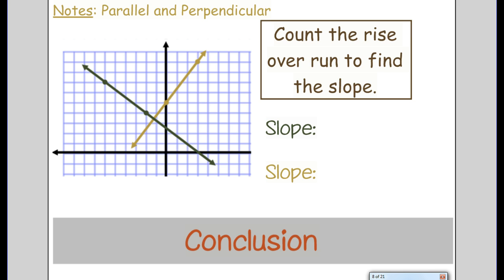For the lighter one, you got negative 4 over negative 3. So what would happen if they're both negative? It would be positive. Very good. So the slope of the light one is 4/3. Up 4, 1, 2, 3, 4 over 3, 1, 2, 3. Up 4 over 3, 4/3.